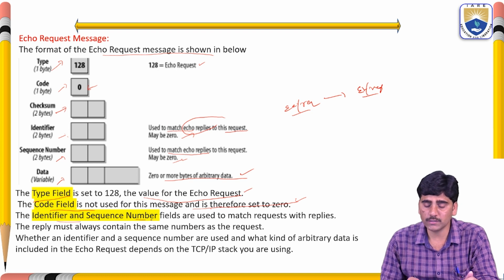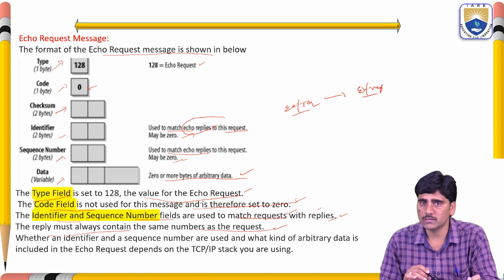The identifier and sequence number fields are used to match requests with the replies. The reply must always contain the same numbers as the request. So whatever the fields are inside the request have to be matched inside the reply.